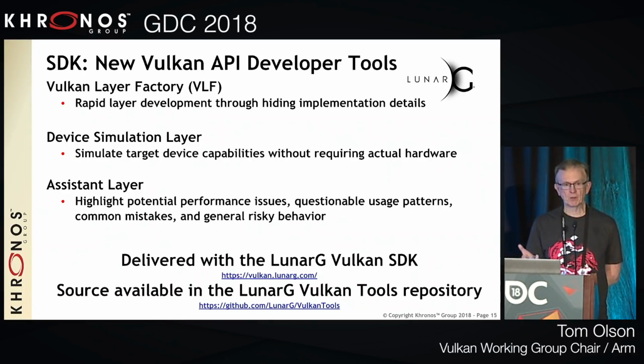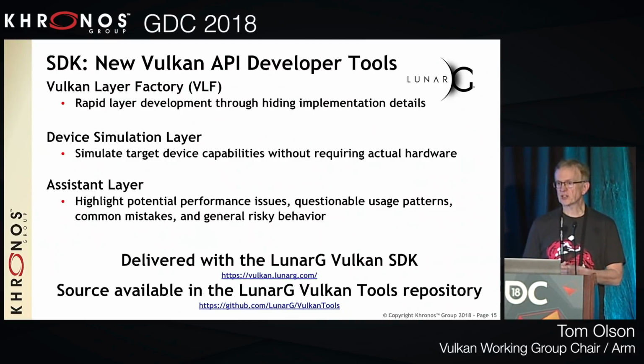But you had the problem that, let's say I'm developing on some great big honking Vega or Titan card, and it's got enormous capabilities, but I'm actually trying to target a low-end Intel integrated implementation, or a mobile implementation, which has very different limits.